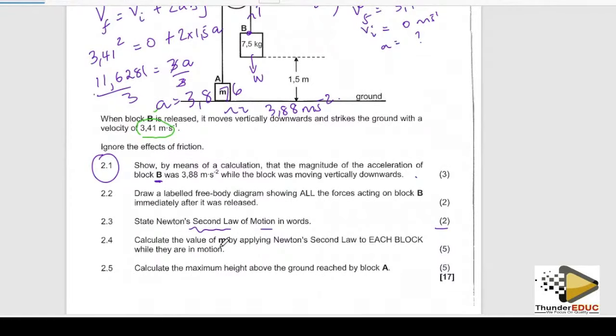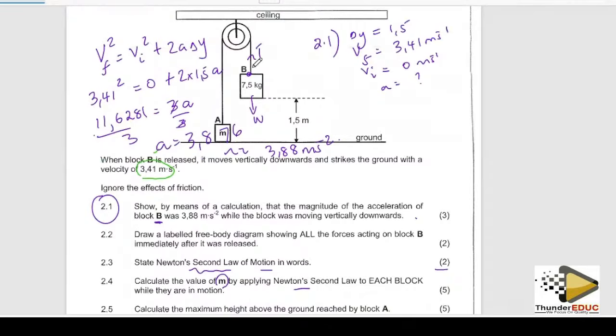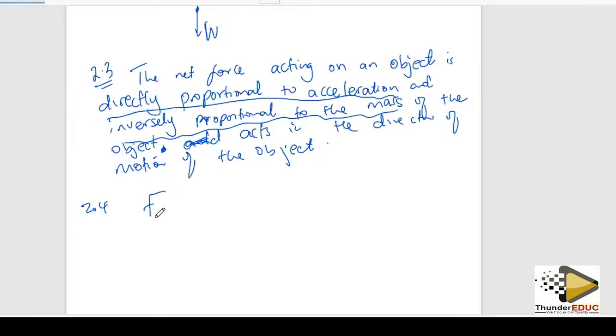M is the mass of the second body, by applying Newton's second law on each block. So when I look at my object A, I have tension that will be acting upwards, and I know weight will be acting downwards. So from Newton's second law, we know that F net is equal to MA.